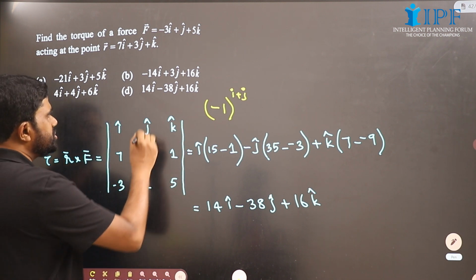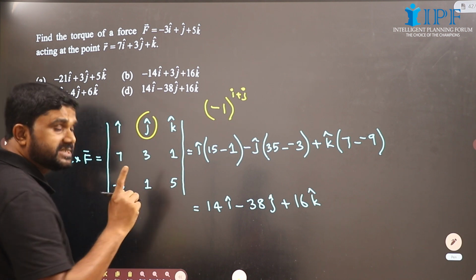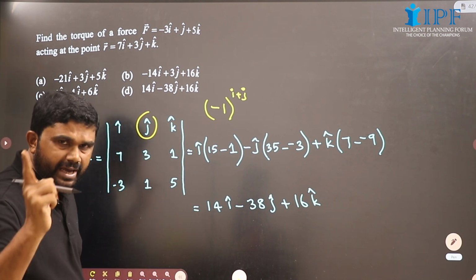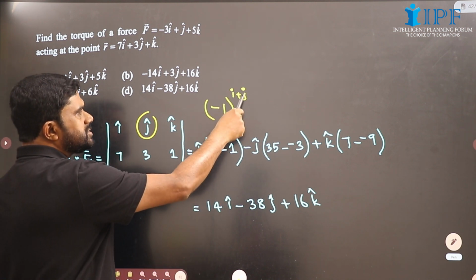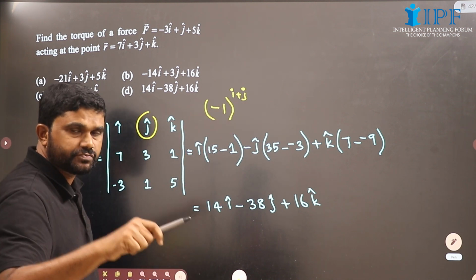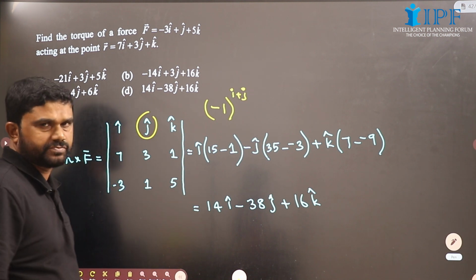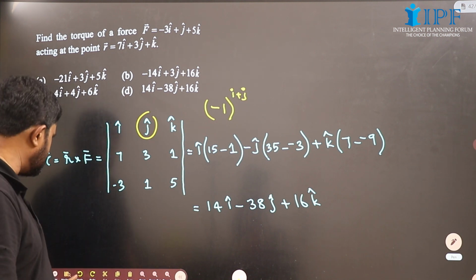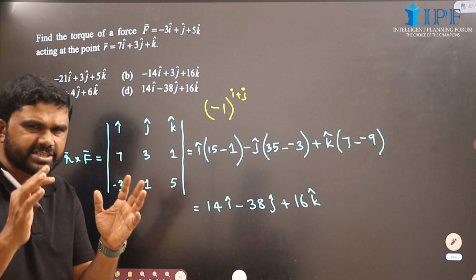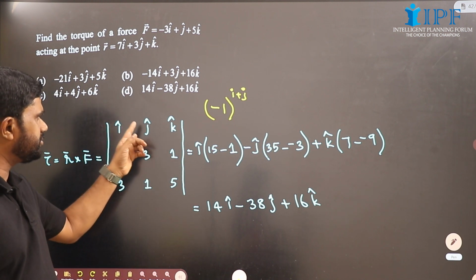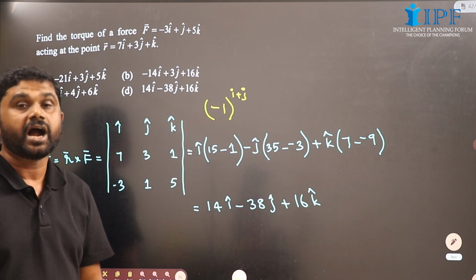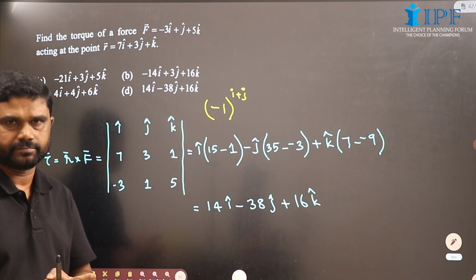Now what about this one, j? It is an element in the first row and second column, so 1 plus 2. So minus 1 raised to 3, that is minus 1. In short, we can say first is positive, then negative, then positive, like that, alternately positive and negative.